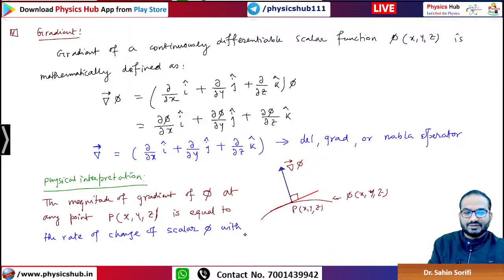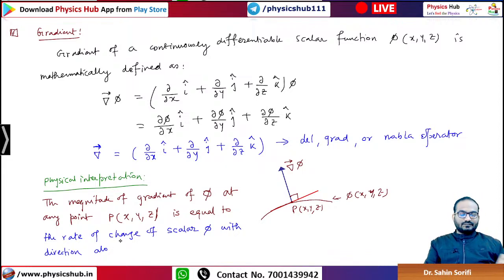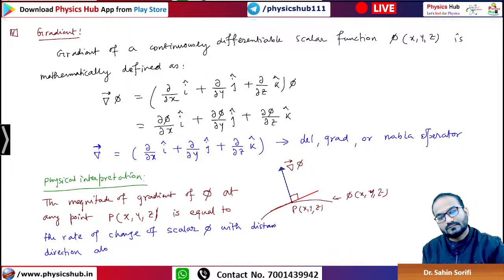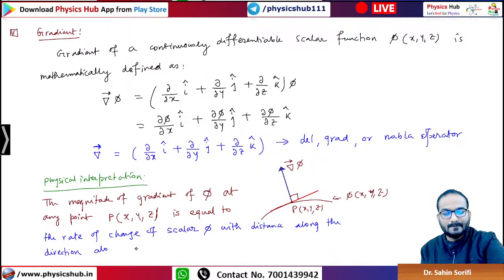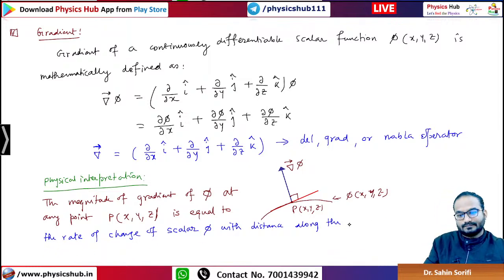The rate of change of scalar phi with distance along the direction normal to the level surface.